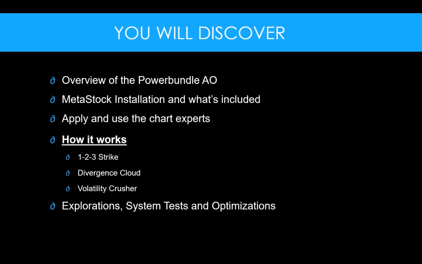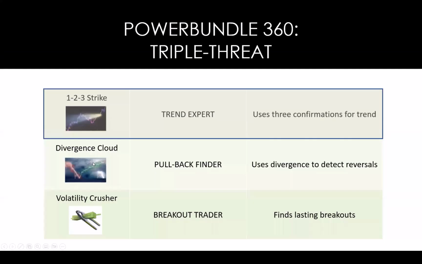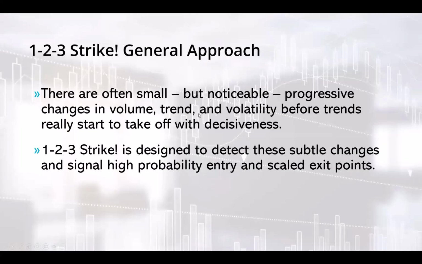So how does it work? This is going to be our next topic, and we're going to look at this one indicator at a time, starting with our 1, 2, 3 strike indicator, our trend trading indicator, the trend expert. Okay, so general approach. What is the basis of this indicator?